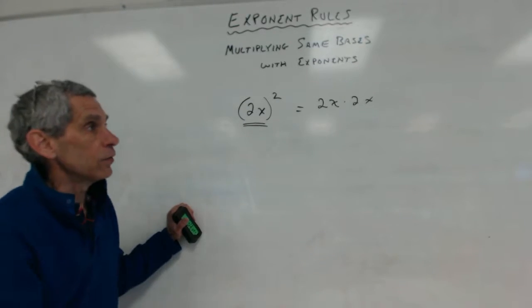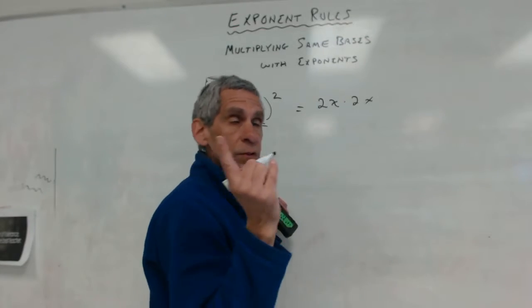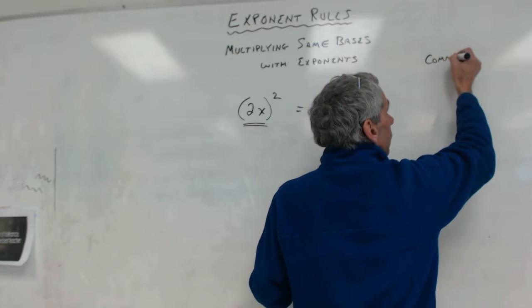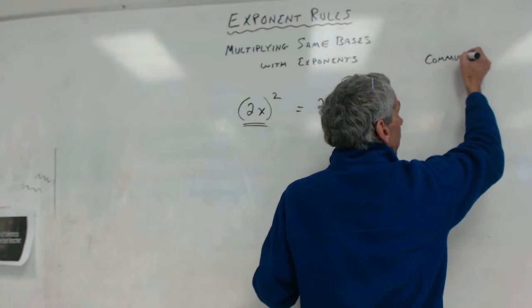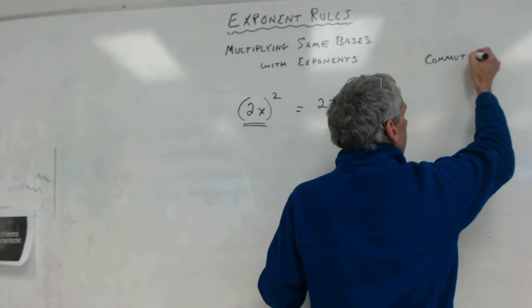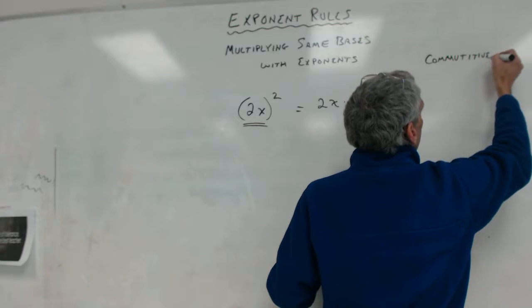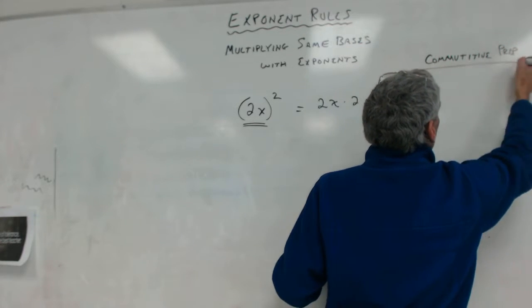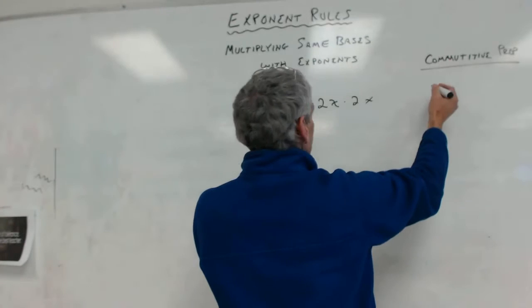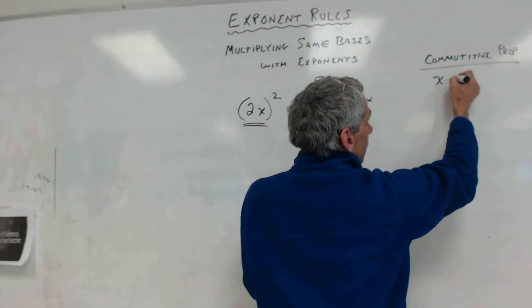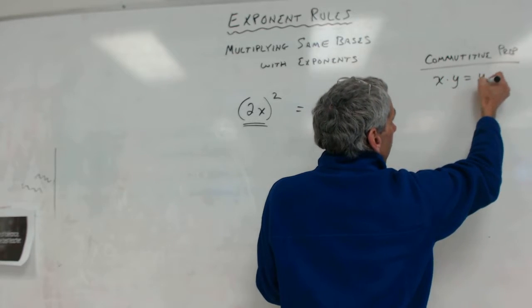There's also a property called the commutative property. It says that if I've got x times y, that's equal to y times x.